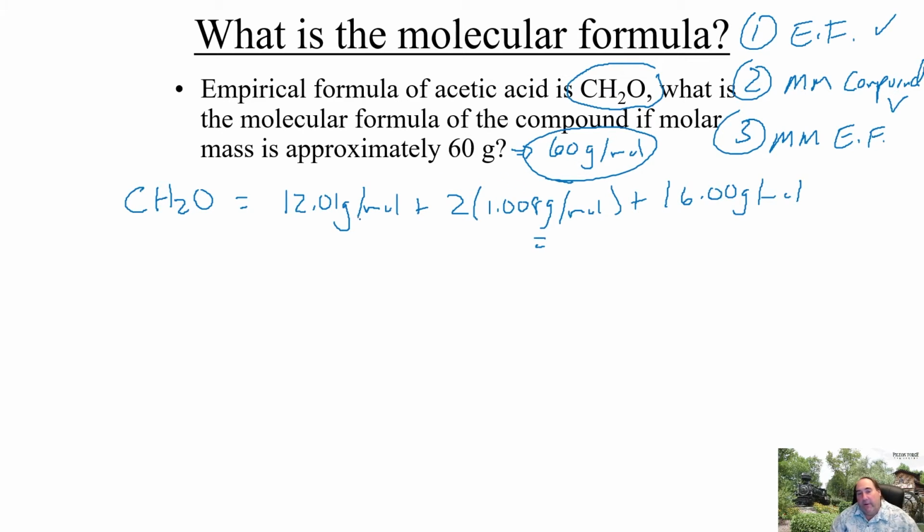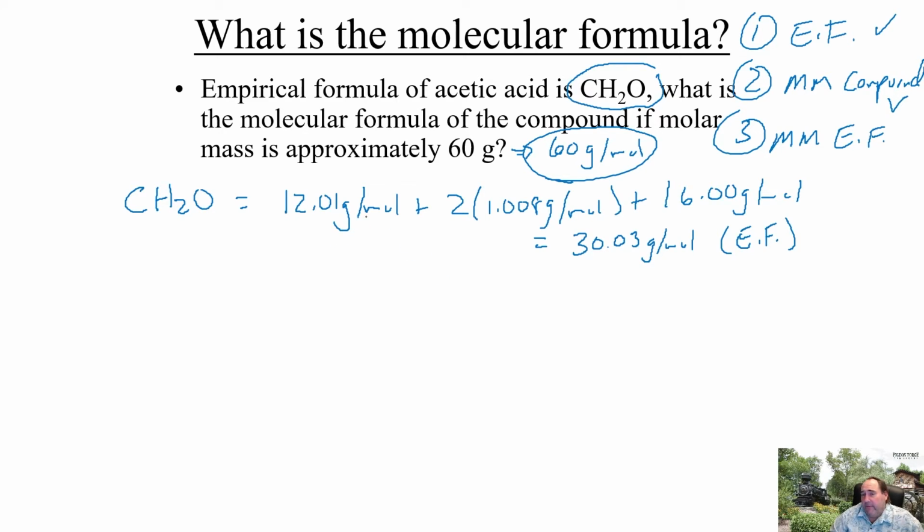This is going to give us our empirical formula's molar mass of 12.01 plus 2 times 1.008 plus 16. It gives us 30.03, we'll call it. And that's our empirical formula's molar mass.